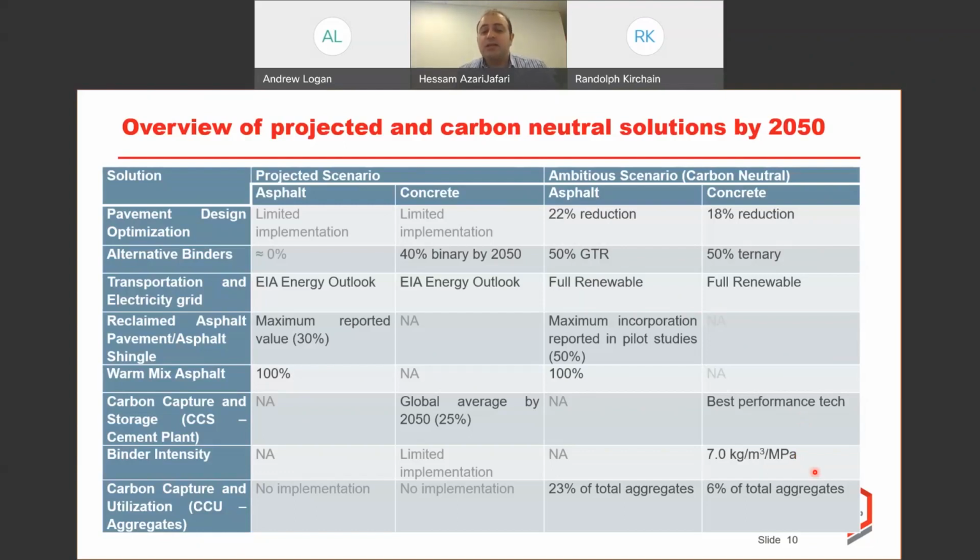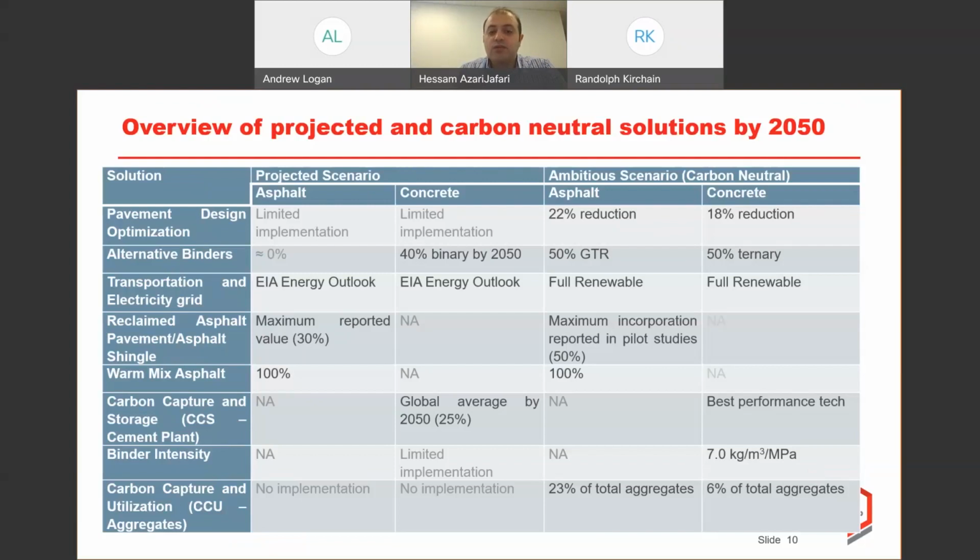And once we sum up all these savings together, we found that we still need to offset a proportion of these emissions to achieve net carbon neutral mixtures. And we try to implement the carbon capture utilization for aggregates to some extent to achieve carbon neutral asphalt and concrete.